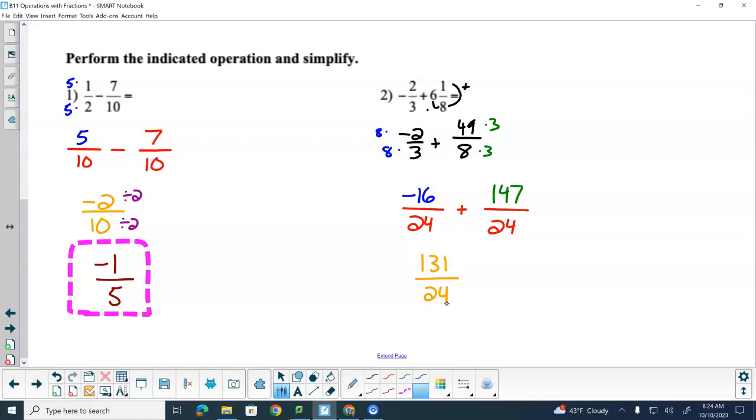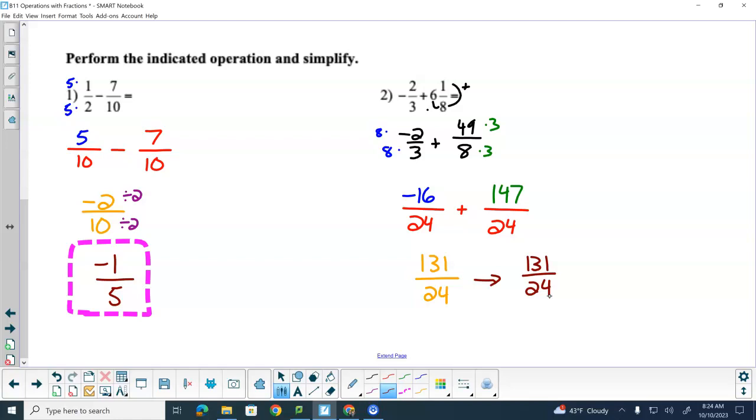Is 5 divisible by 3? No, it's not. So 131 is not divisible by 3, and it's not even, so there's nothing that can be reduced there. We can just leave this as 131 over 24, and I would probably just leave it as that.